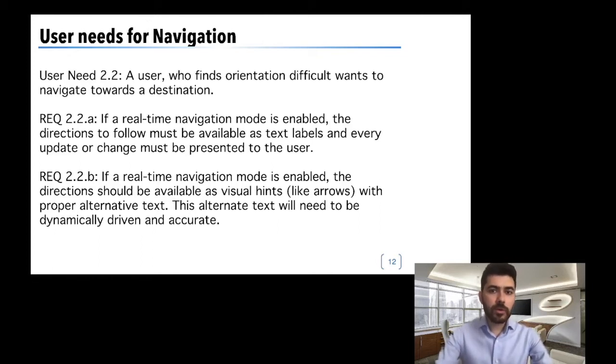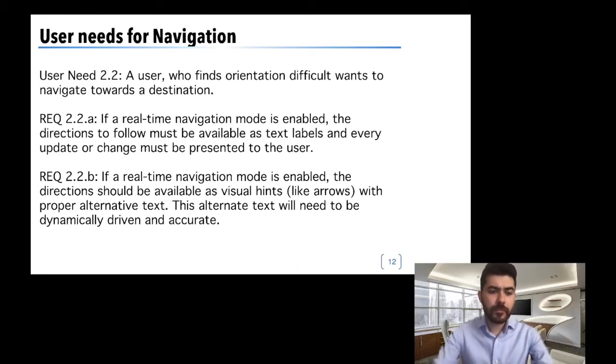But, as we know, not every user finds himself comfortable using navigation, orientation, while looking into the map and while walking, for example, in the real world. Sometimes this might be distracting or not easy to understand.